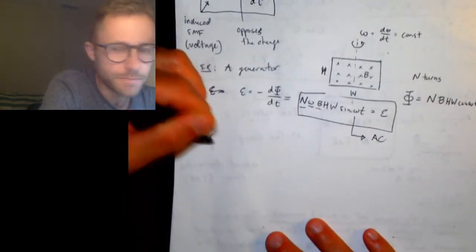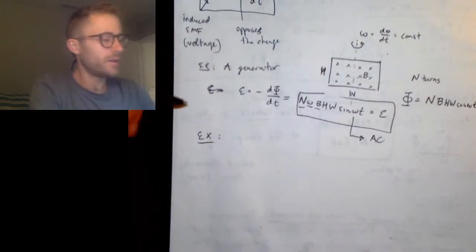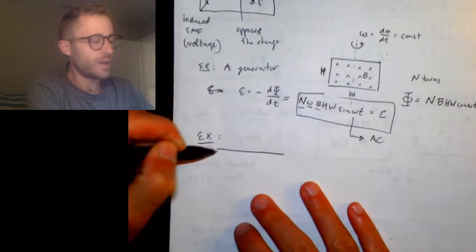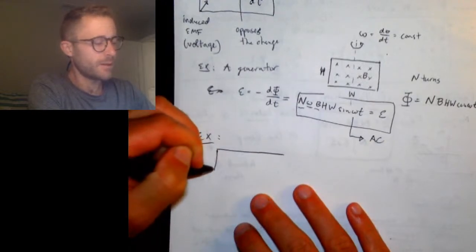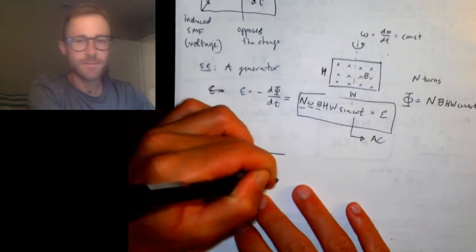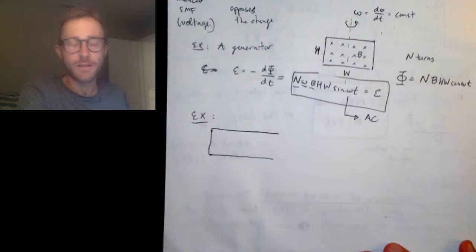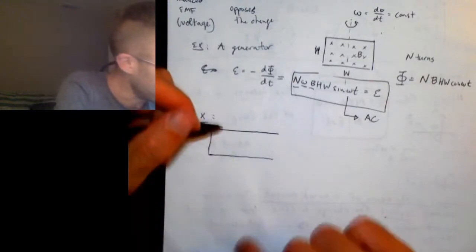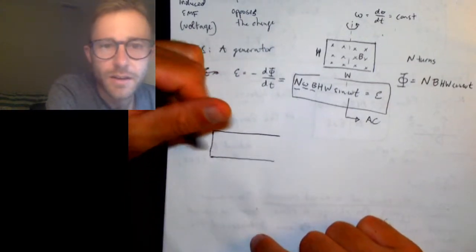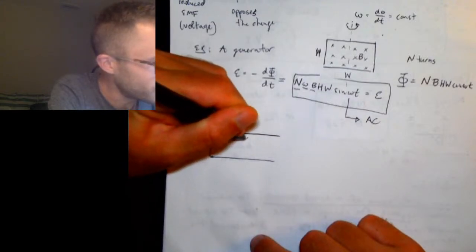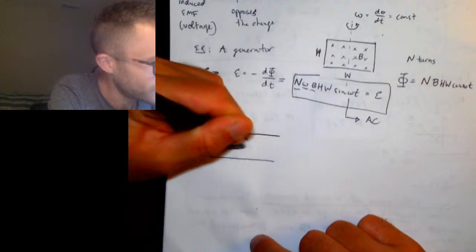Another example is, let's suppose we had a, this one's going to be tricky. Well, I'm not going to make it tricky. I'm going to make it simple. So maybe you have a magnetic field that's pointing into the page.